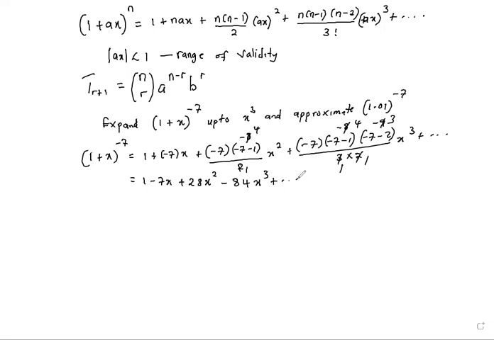We now want to use it to approximate 1.01 to the power minus 7. So we get 1 plus x and we get it 1.01. So that x then becomes 1.01 minus 1, which is equal to 0.01.